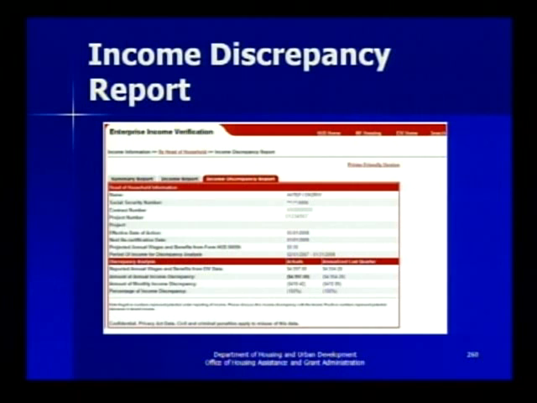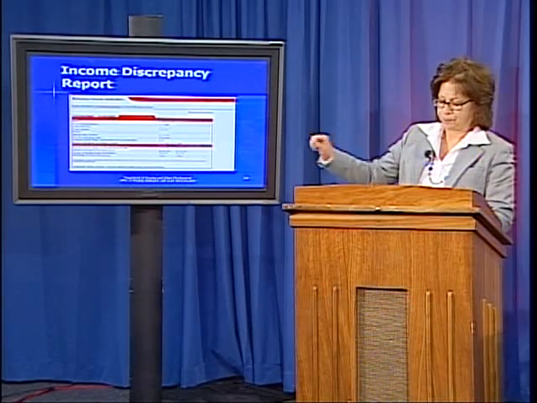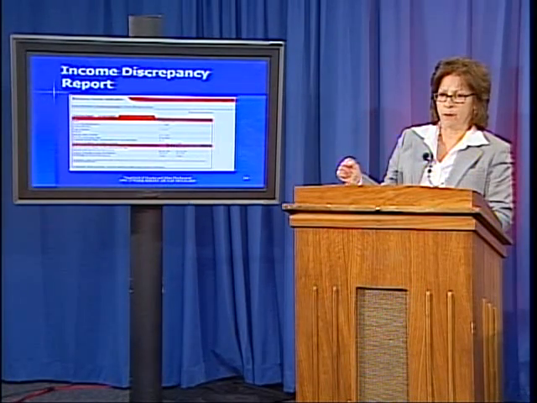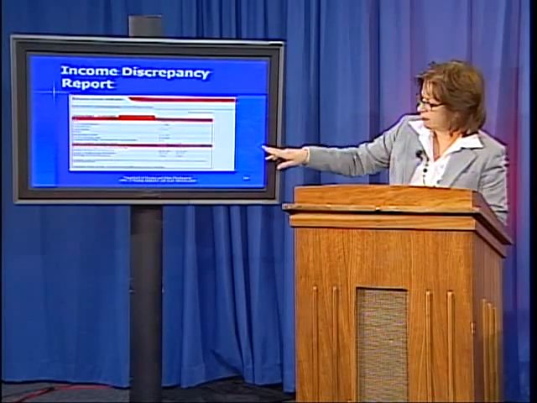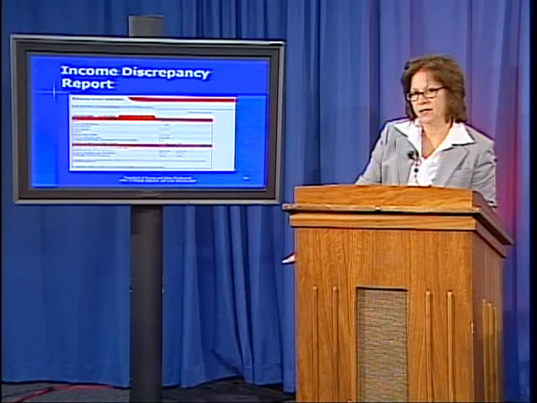After you reach this screen, click on the income discrepancy report, because if you have records listed there, it is going to be highlighted. When you click on the income discrepancy report, you're going to get a listing of, in this case, the 61 head of households.